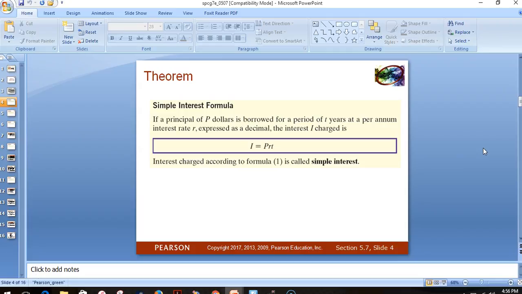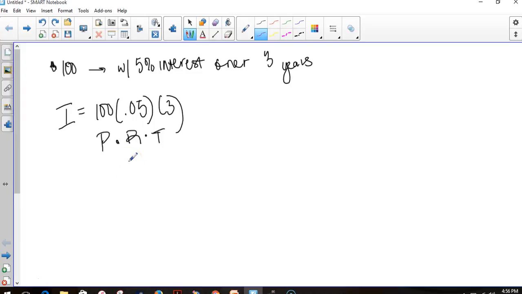And when we're looking to figure out how much money we owe back, we'll have to find out what our interest is and then add that back to the principal. So if I were to borrow $100 and I have that at 5% interest out for 3 years, I would need to pay back the full $100 plus my convenience fee, if you will, for the interest.